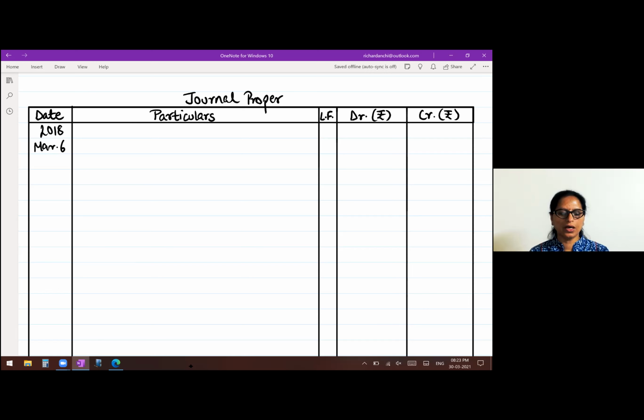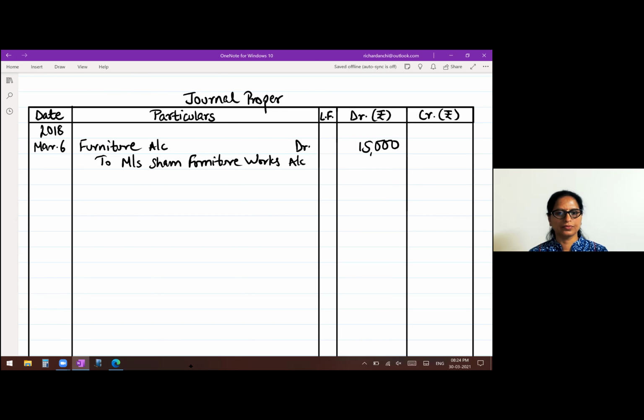Entry, furniture account debit 15,000 to Messrs. Sham Furniture Works account, Sham Furniture Works account 15,000. Narration, being furniture purchased on credit.